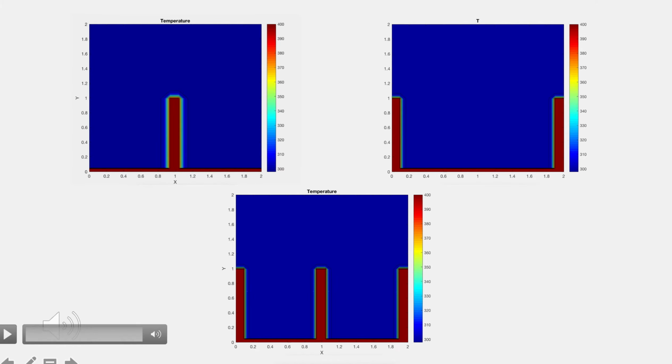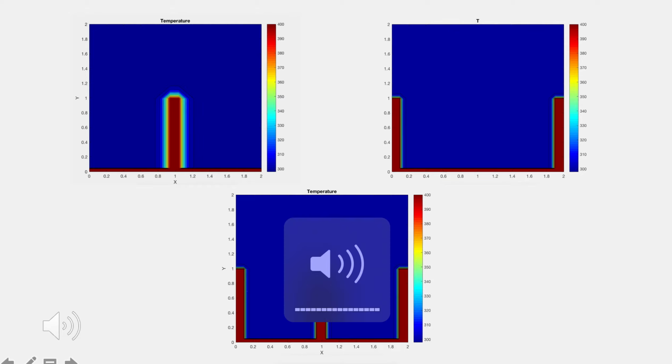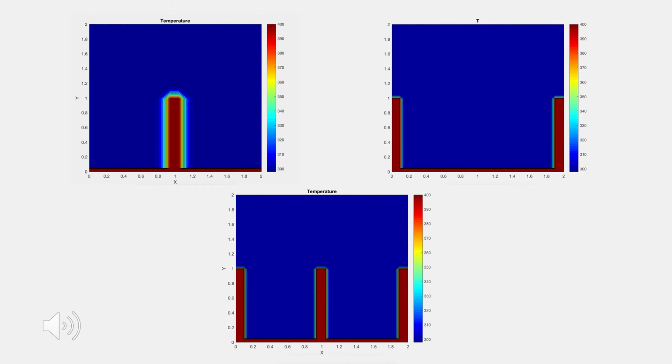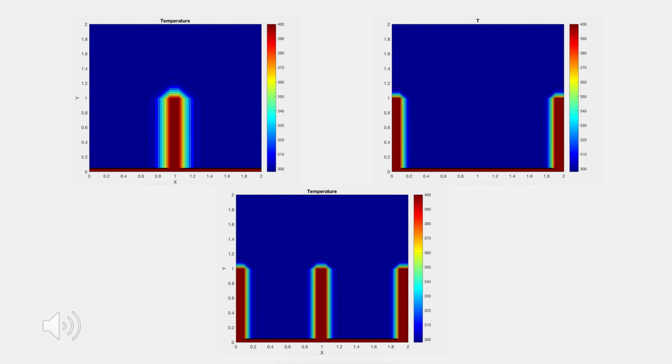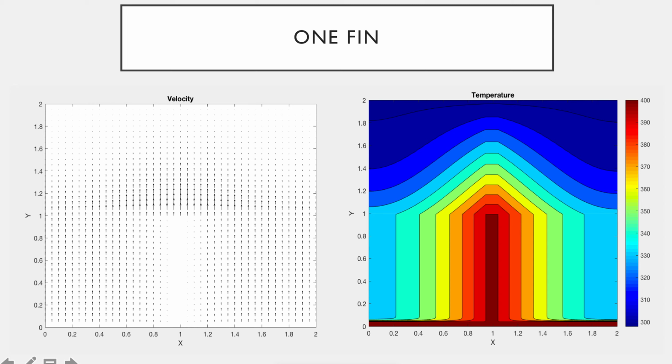Here are some cool little videos of the temperature in the domain of the 3 cases. Here is the solution for 1 fin after 5,000 iterations.